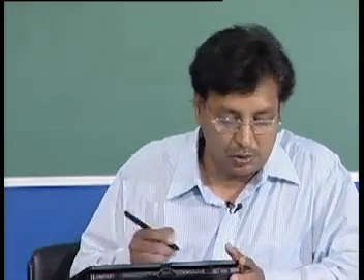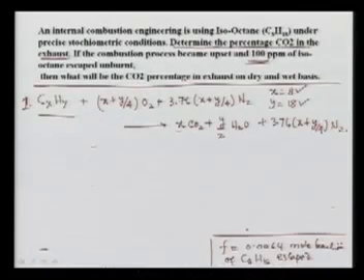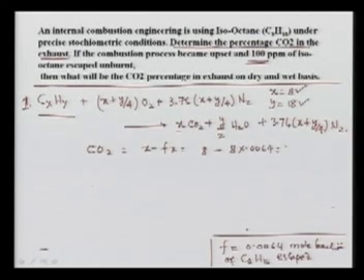So CO2 under the condition something is going unburnt will be X minus Fx. That is 8 moles of CO2 minus 8 into 0.0064, which will be equal to 7.948 moles of CO2.